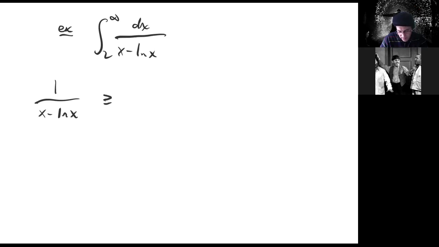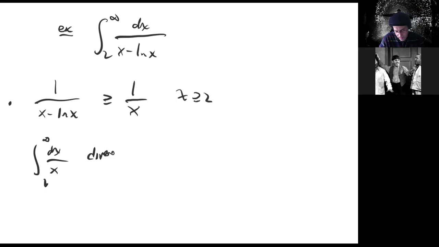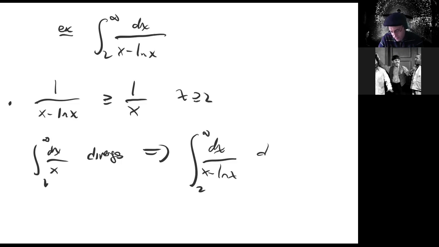So this is greater than or equal to 1 over x, if x is bigger than or equal to 2, because ln is a positive number, right, for 2 and larger. But now the integral of dx over x from 2 to infinity diverges. We saw that also last time. So that's going to imply that the larger function, the integral of dx over x minus ln of x from 2 to infinity, also diverges.